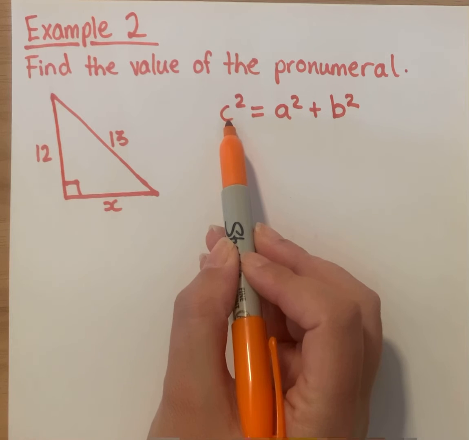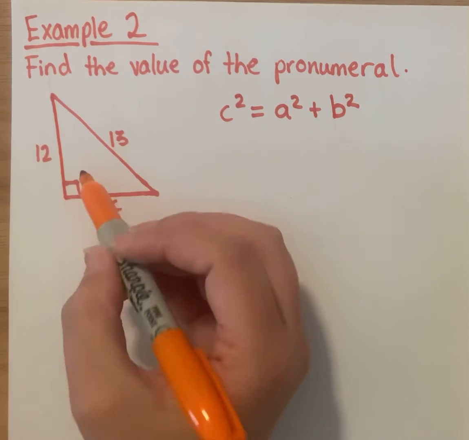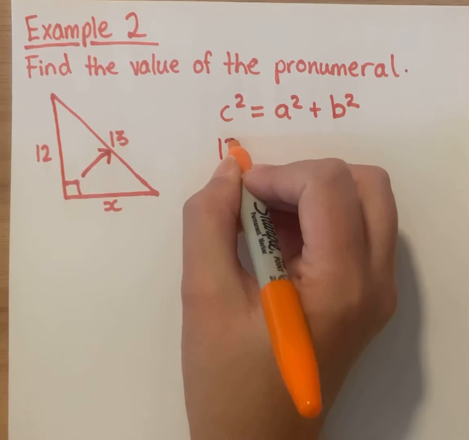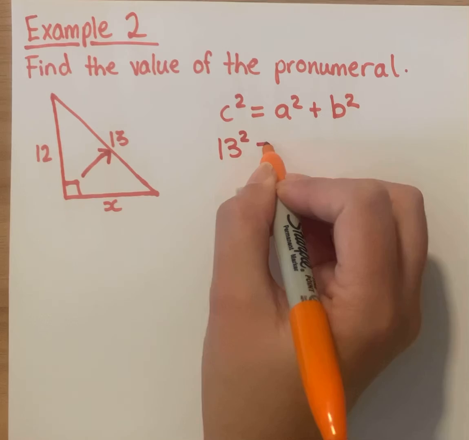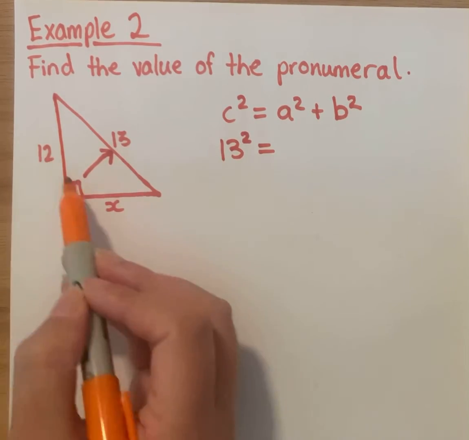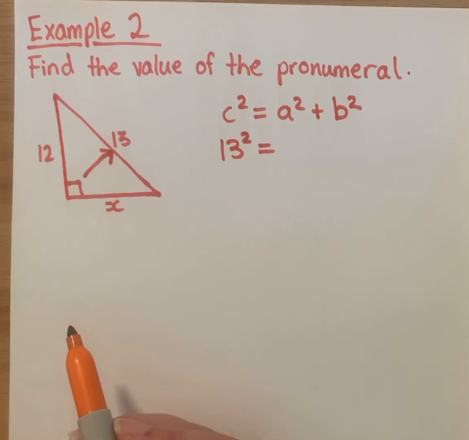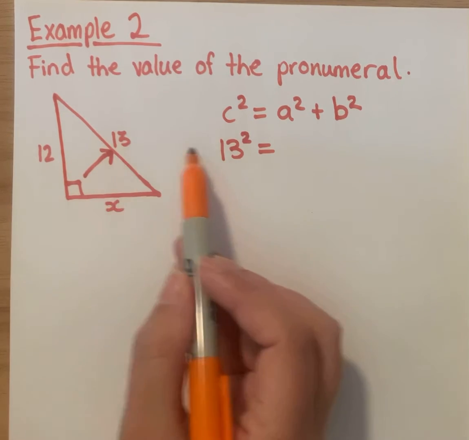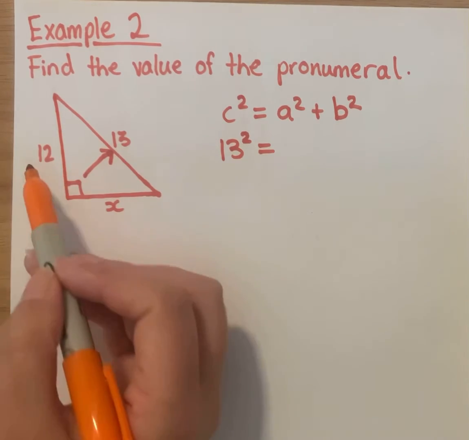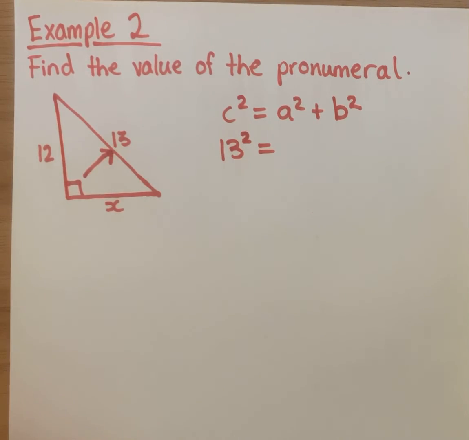So C is always our hypotenuse, and our hypotenuse is the side opposite the right angle, so that's this 13 here. A and B can be either one, okay? A and B are the two shorter sides, and as long as we've sorted out our hypotenuse, it doesn't matter which one's A and which one's B of the leftover sides.